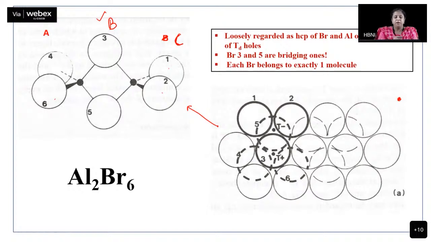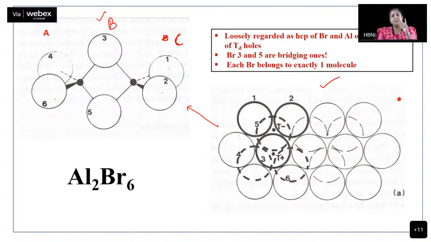So now I can describe the position of bromine as this hexagonal close packing wherein aluminium is occupying tetrahedral holes. But in a nutshell, basically the strong bond exists only between these bromines and aluminium.